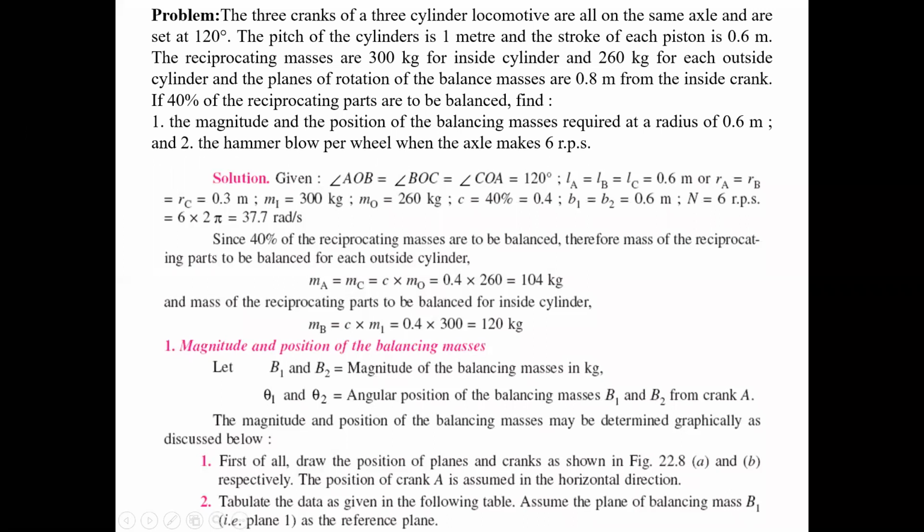Given three cylinders, the three cranks of the three cylinders are arranged 120 degrees to each other, so AOB, BOC, and COA are also representing that. The stroke length, represented with L suffix A, L suffix B, and L suffix C, is taken as 0.6 meters.